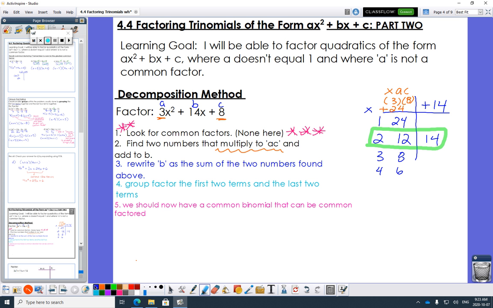It says rewrite B as the sum of the two numbers found above. So we have 2x and 12x equals 14x. So instead of 14x, we're going to write 2x and 12x. It doesn't matter if you write the 2 first or if you write the 12 first.